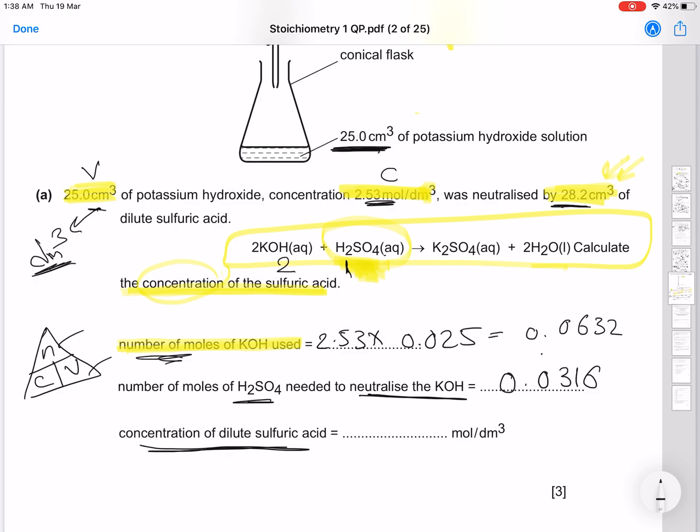So the final answer after I divided both of them will be 1.1 mole, after rounding, of course. I hope you all got this answer correct.